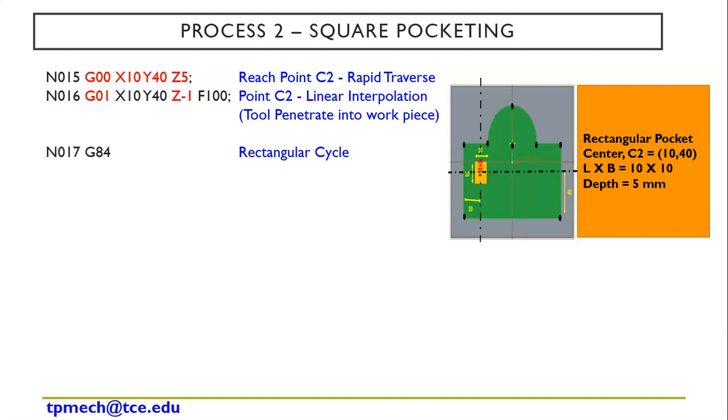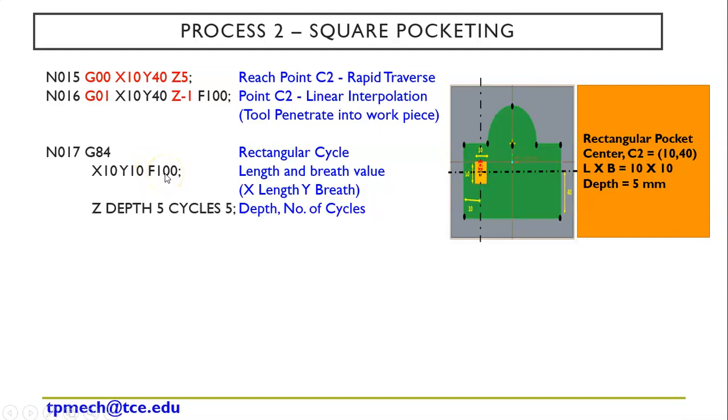The code is G84. When you type G84, it will ask for the length and breadth values. So the square size X is 10, Y also 10. So X10, Y10, feed equal to 100. Depth and number of cycles: depth is 5 mm as well as 5 cycles.